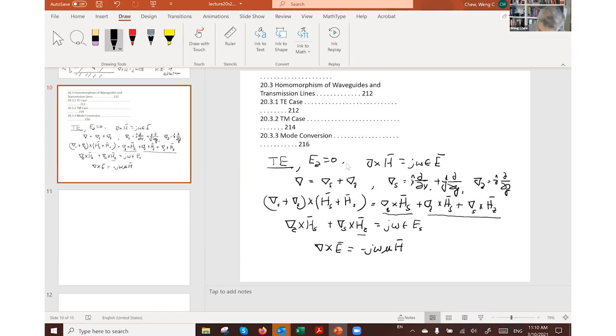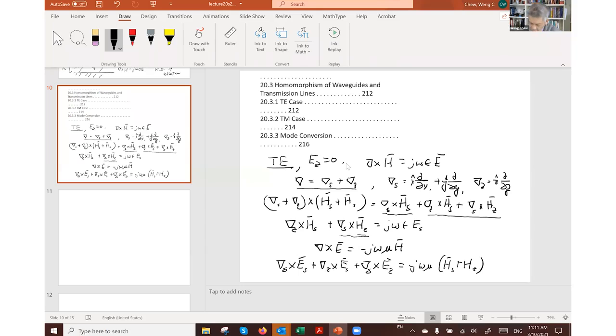And again, I would do the decomposition of the del operator and of the electric field. On the left-hand side, I would have del_s cross E_s, plus del_z cross E_s, plus del_s cross E_z, so I only have 3 terms. And on the right-hand side, I would have H_s plus H_z.